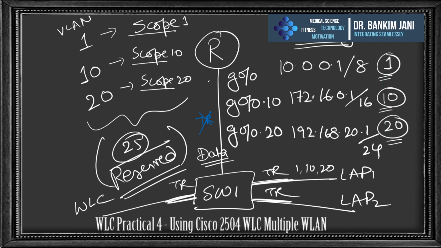Otherwise, it is VLAN 1 which would be handling giving out all these IP addresses, right? So to understand that principle, we'll see whether it is really functioning well or not. All right, moving on to the configuration part.